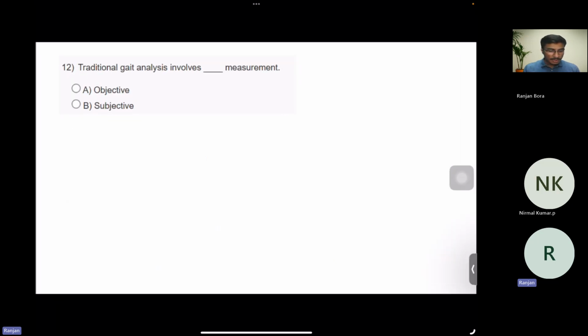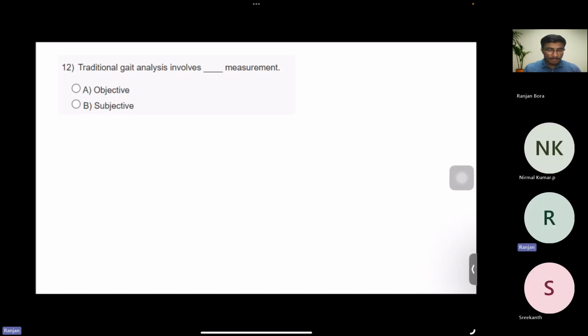And next question is: traditional gait analysis involves dash measurement. What is the answer?